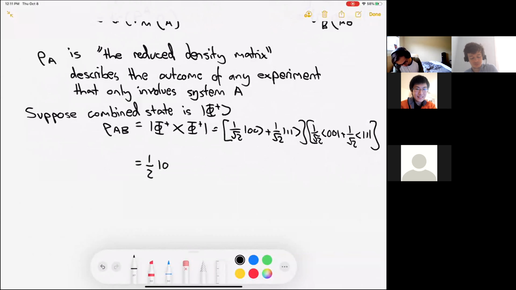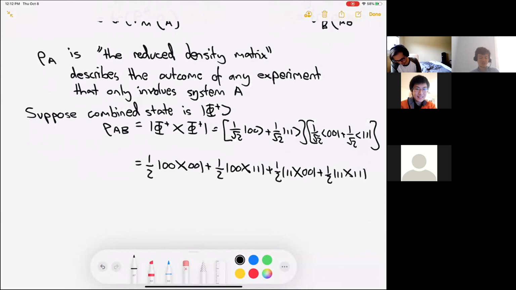It's a half |00><00| plus a half |00><11| plus a half |11><00| plus a half |11><11|. Written out like this, it's not completely obvious that this is a pure state, but it really is because it's just a projector onto this Bell state. So it has one non-zero eigenvalue, which is phi plus.